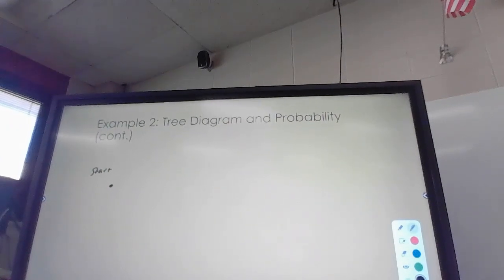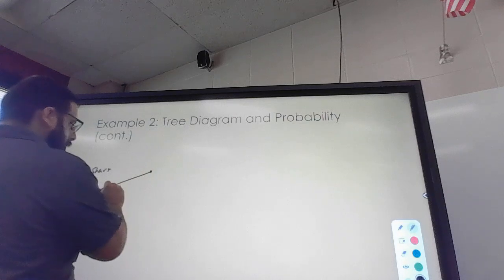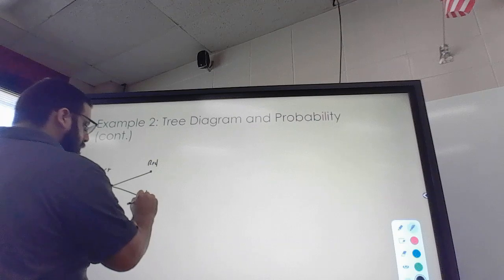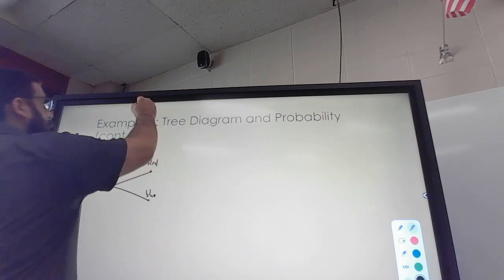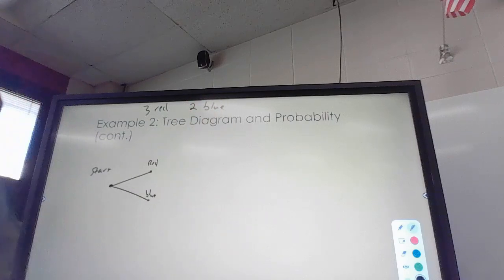Now, when I pull a ball out of the urn, there's one of 2 choices. Either it's going to be red or it's going to be blue. Now remember, there were 3 red and 2 blue out of the total 5.